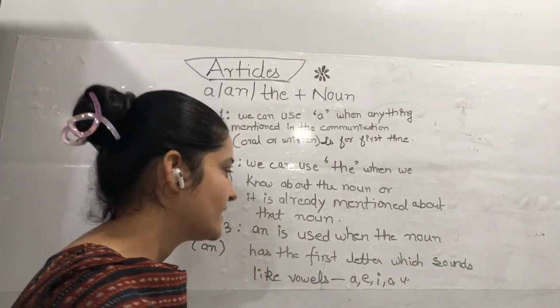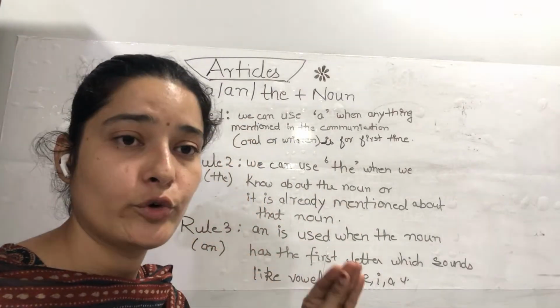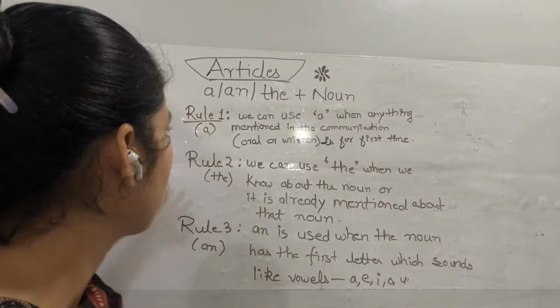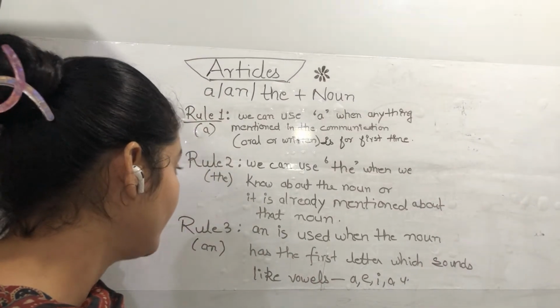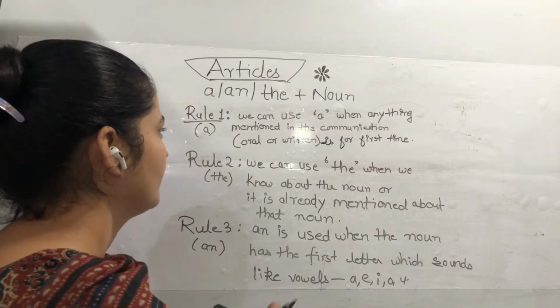Okay. These are the simple three rules. There are many rules which I told you. I hope these are clear. It is very easy.